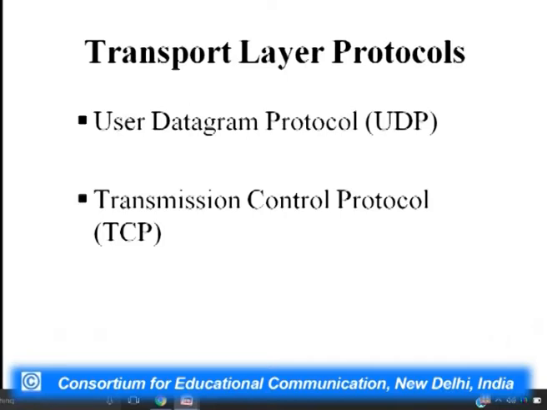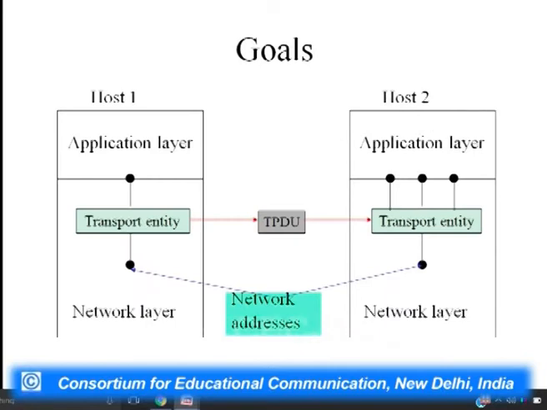Before we go into how these two protocols work, look at this. In the previous lecture we said the transport layer entity on host 1 will communicate with the transport layer entity on host 2.